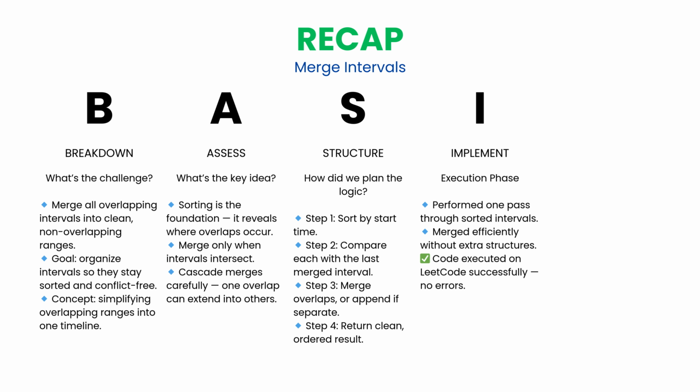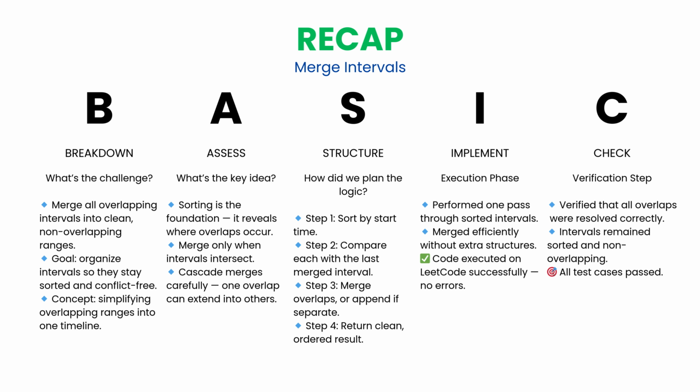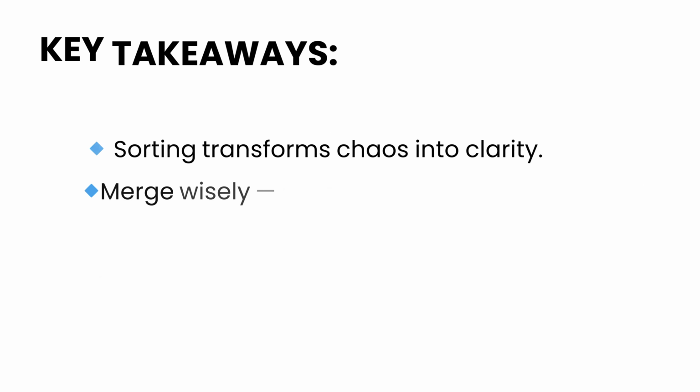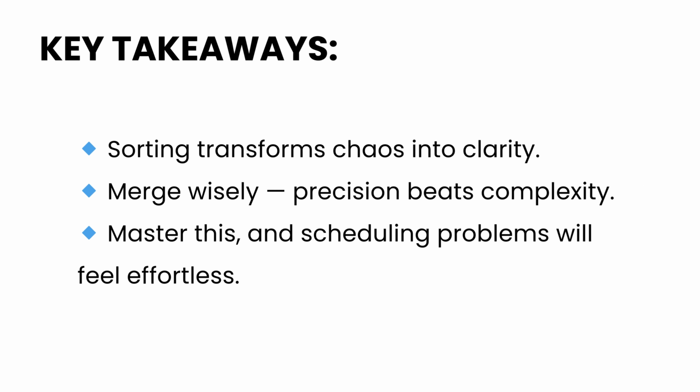The solution ran smoothly on LeetCode, no syntax issues, no logic errors. We verified the output thoroughly. Overlapping, adjacent, and empty cases all produced the right results. Every test case passed successfully on LeetCode. The key takeaway? Sorting simplifies complexity. By thinking in sequence and merging only when needed, you transform what looks like chaos into perfect order, one of the most fundamental problem-solving lessons in computer science.